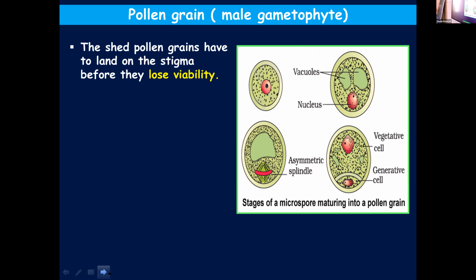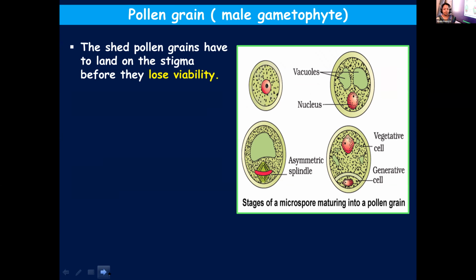Now, the shed pollen grains, once they are released, have to land on the stigma. What do you call the process of pollen grains landing on the stigma? Pollination.